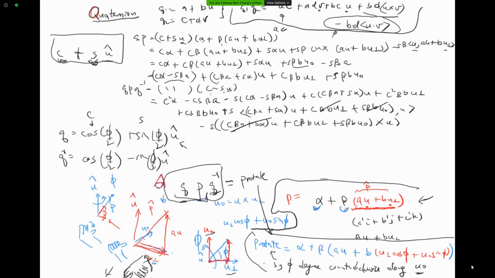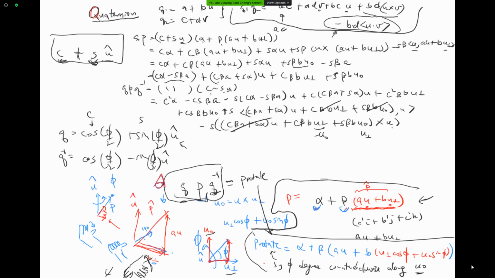Therefore U perpendicular cross U is minus U naught, and U naught cross U is U perpendicular.